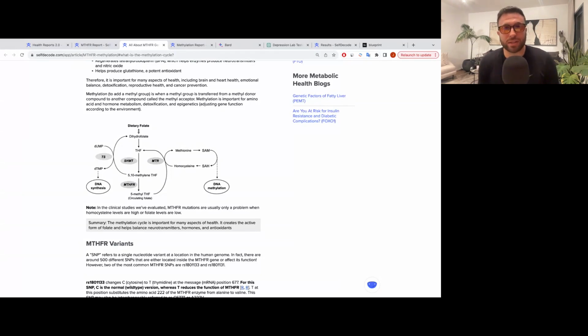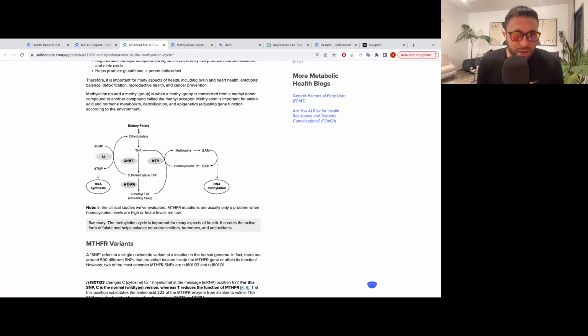Whereas all the grains now are fortified with synthetic folate, which is not a problem if MTHFR is working well. There have been some studies that show that having high levels of synthetic folate in the blood seems to be a problem. It could maybe increase the risk of cancer.